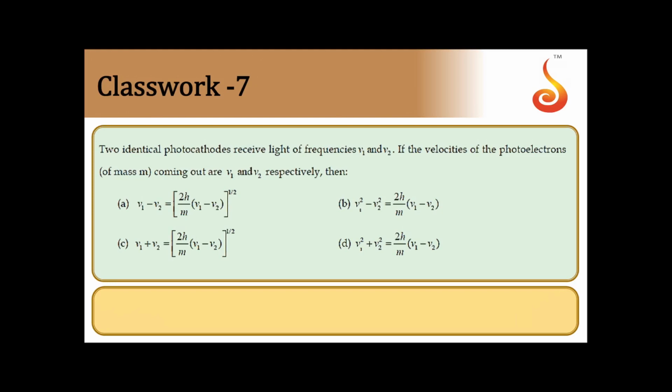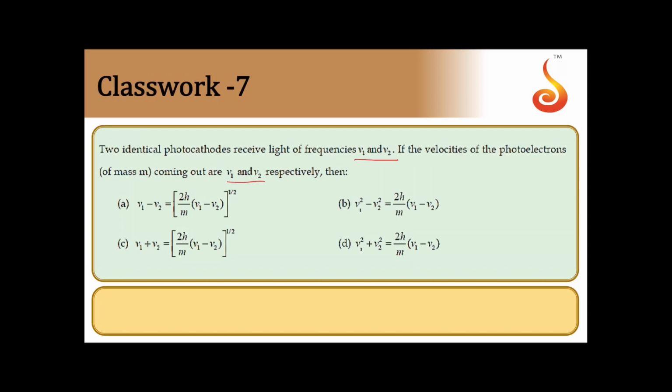So we have to find the relation between v1, v2 and nu1 and nu2. The frequencies incident are nu1 and nu2, and the corresponding velocities are v1 and v2. Let us write the photoelectric equation for the two metals. For the first surface, h nu1 is equal to h nu0 plus half m v1 square.